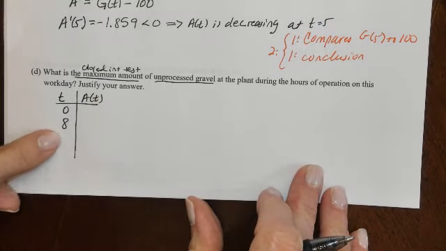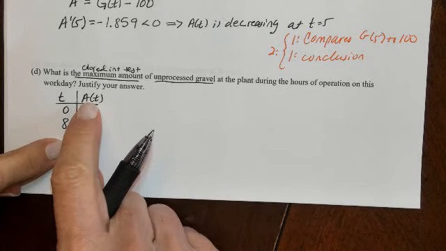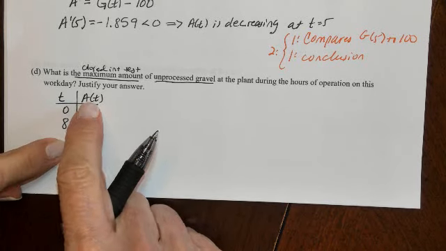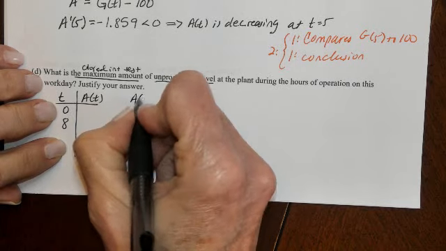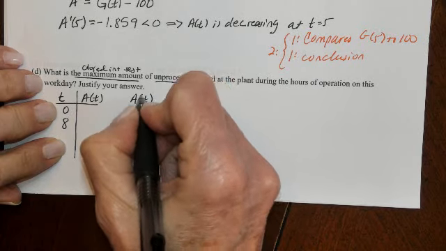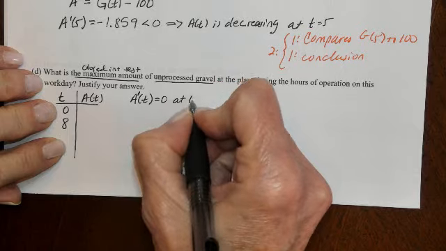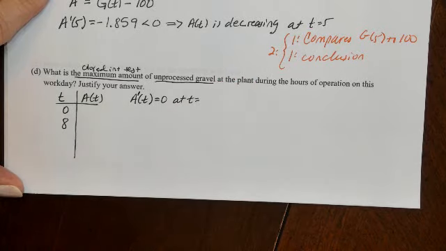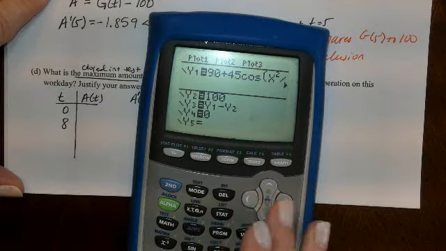So we know that we want to find any values of t that make A prime 0, and specifically go from positive to negative. So I will say that A prime of t is equal to 0 at t equals, remember that A prime is our y3.